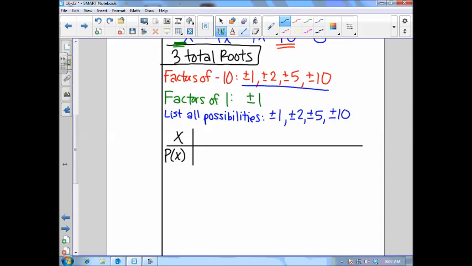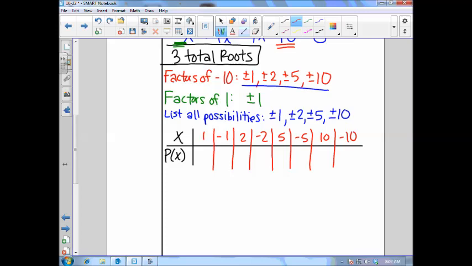Okay, on the top, we list all of our possibilities. Positive 1, negative 1, all the way through. So that's 8. And assuming that all the roots are actually real numbers, we could fill in the whole chart.